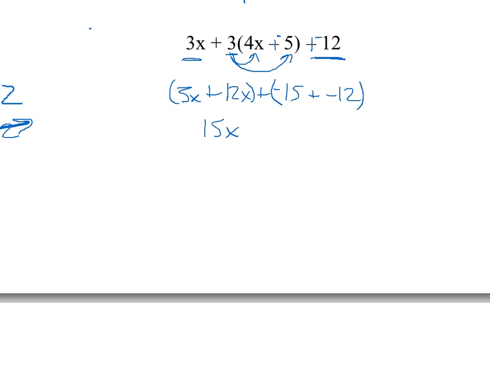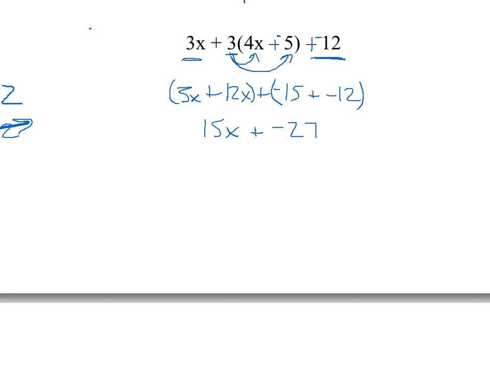-12 plus -15. That's like signs add. Take the sign of the larger number. And we have 15x plus -27. Kip yes or Kip no? Is this a final complete answer?